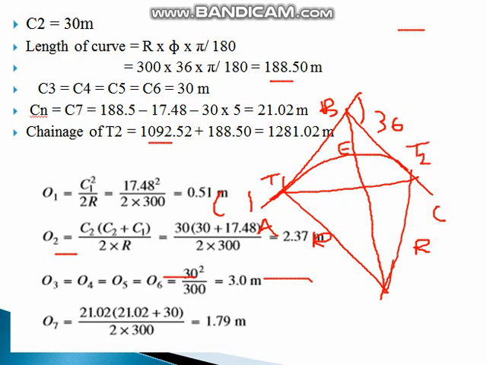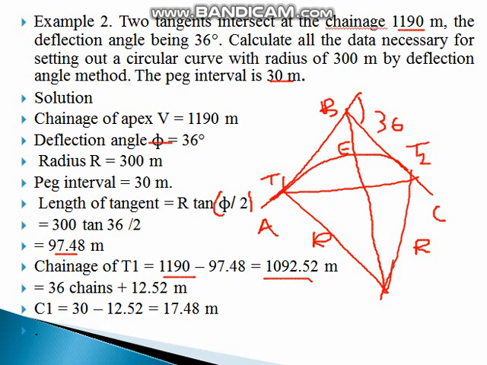So if I take 1092.52 and divide it by 30, the value comes to 36 point something. So total is 36 chains. If you remember, 36 chains plus 12.52 gives this value.